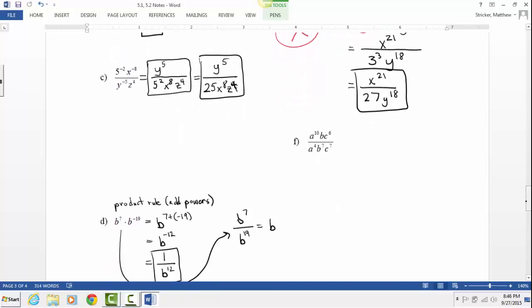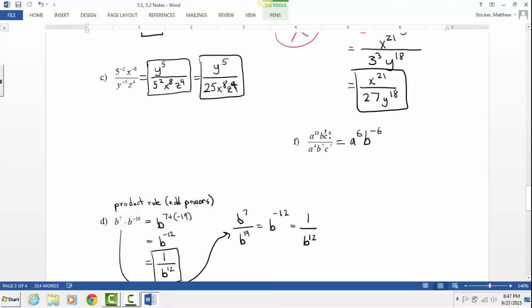One last example here with these. If I'm simplifying this, I have a to the 10th over a to the 4th. Remember, we can subtract powers. So this would be a to the 6th. I have b essentially to the 1 minus b to the 7th. That's b, 1 minus 7 is negative 6.